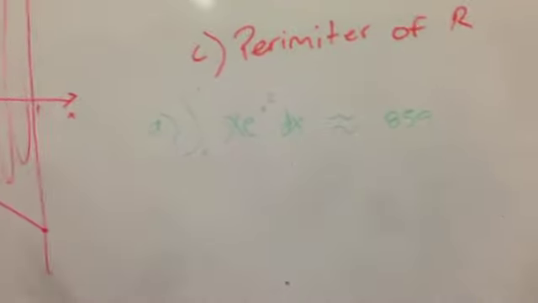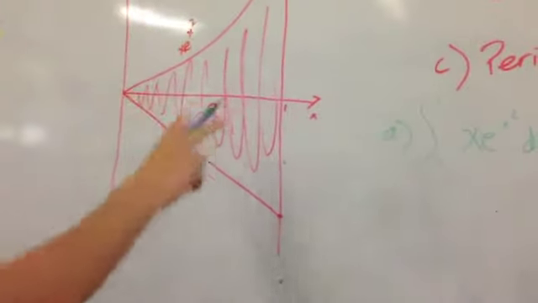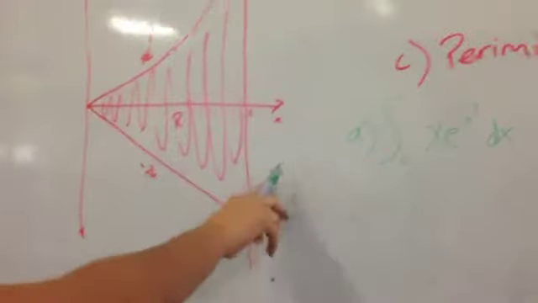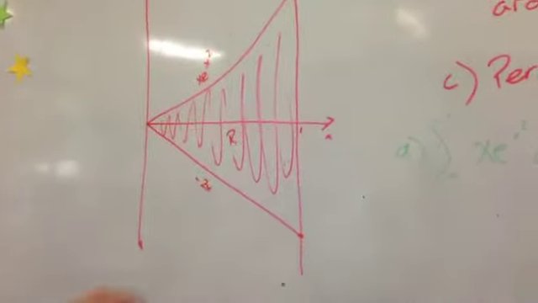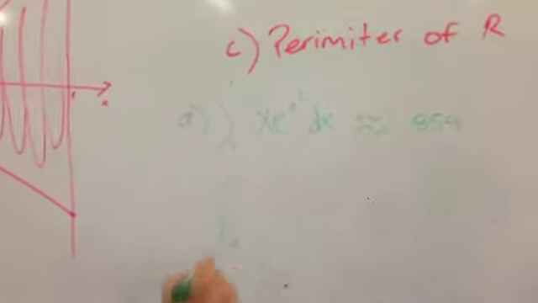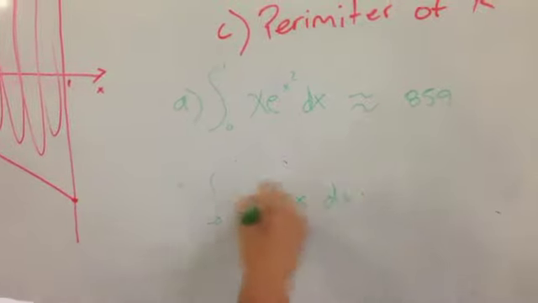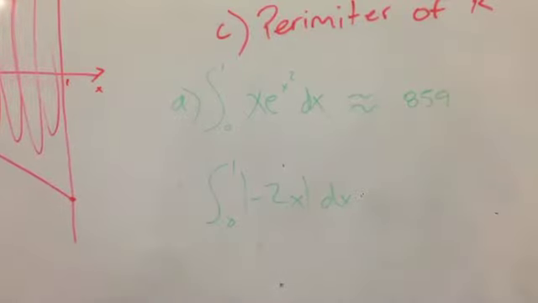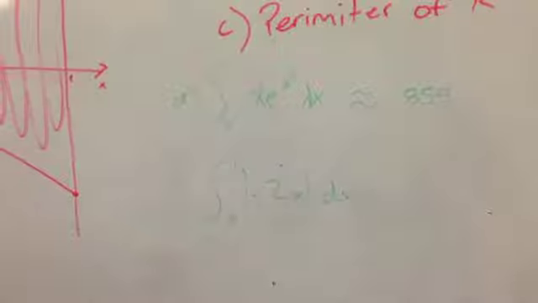To finish the area of R, we need to find the area bordered by y equals 0, x equals 1, and negative 2x. The integral would look like the integral from 0 to 1 of negative 2x dx, and the absolute value of this, since it's positive and we want to add it; if not, it would look negative.